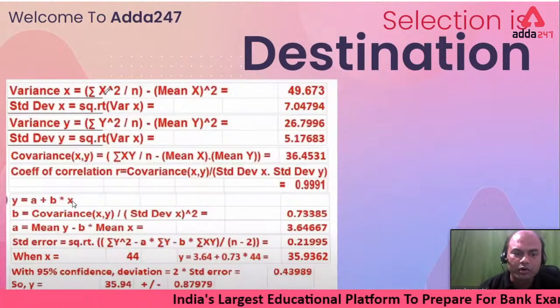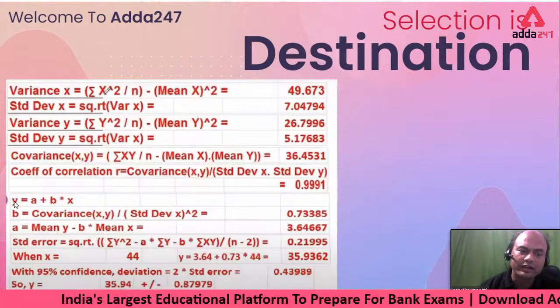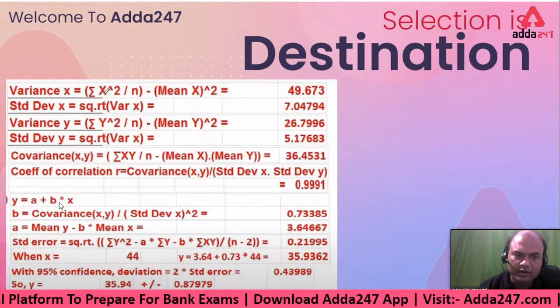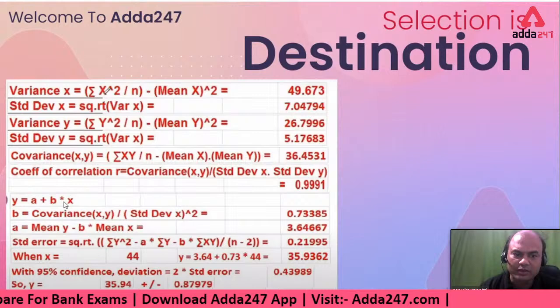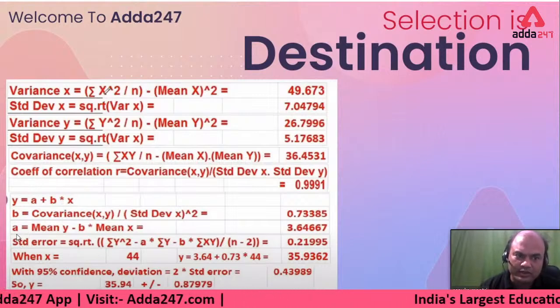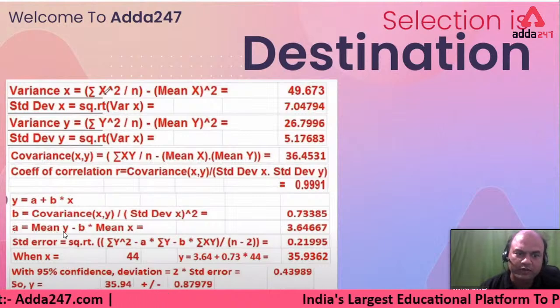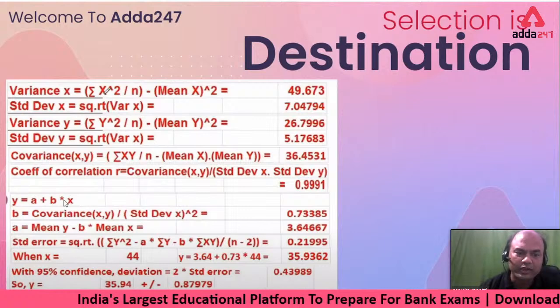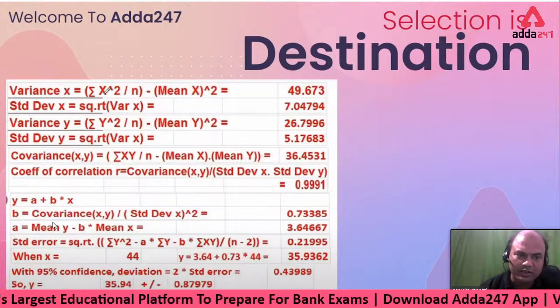Now if I input all the values, then what will I get? Number, unknown constant, number, and number. I'll multiply these two, get the answer and then take it to the other side. So a equals what? Mean of y, that is y bar, minus b into x bar, right? This I am taking on the other side.